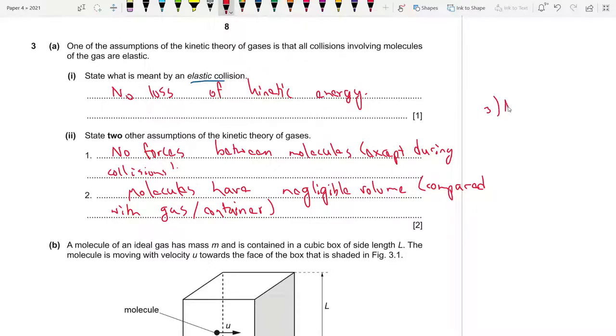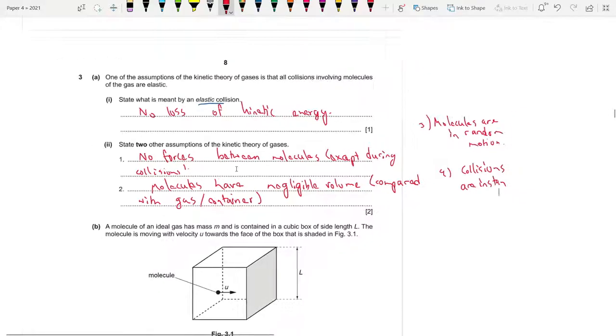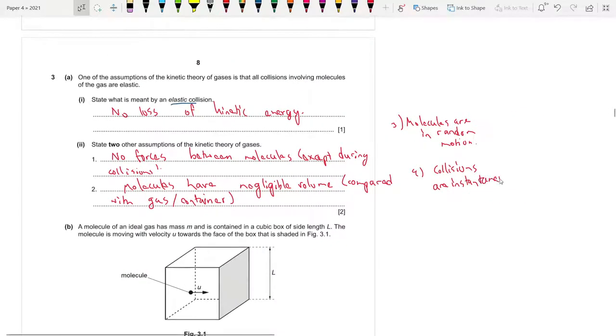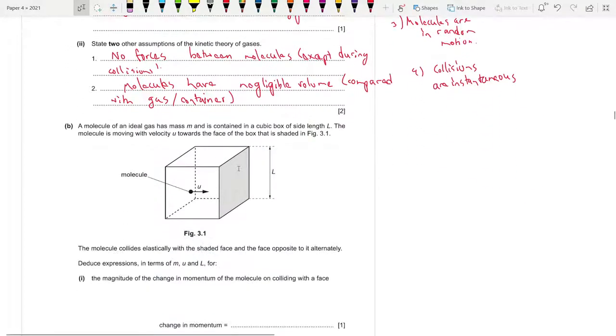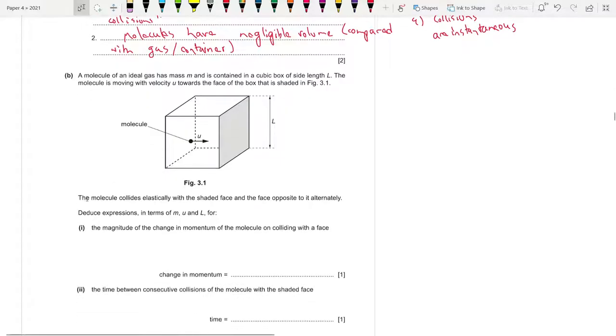Then what else? Molecules are in random motion, right? And collisions are instantaneous. Okay, so let's go to B.